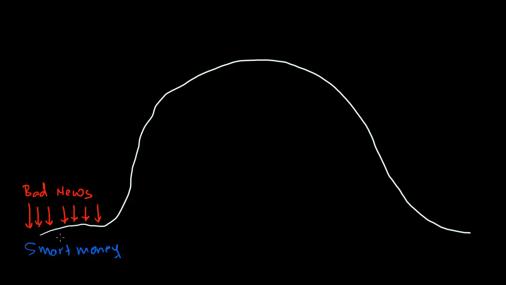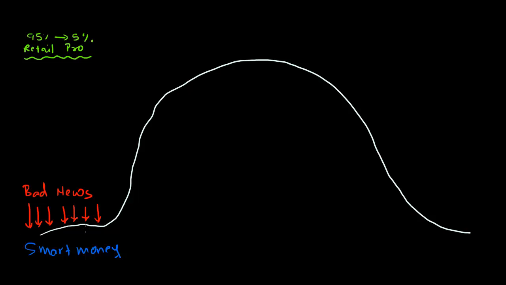So 95% of the people always lose money to the 5%, and this 95% are called retail people, and this 5% we call professionals. This is always the way it goes in every aspect of the market, in every country around the world.